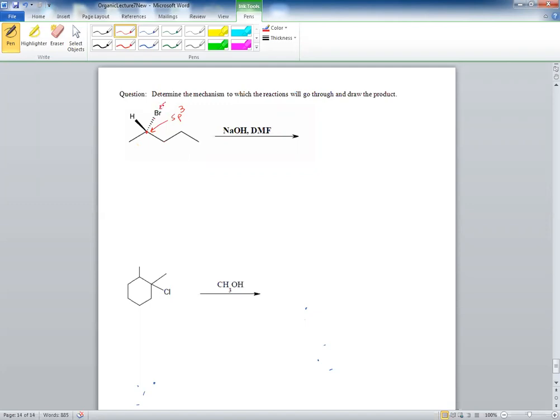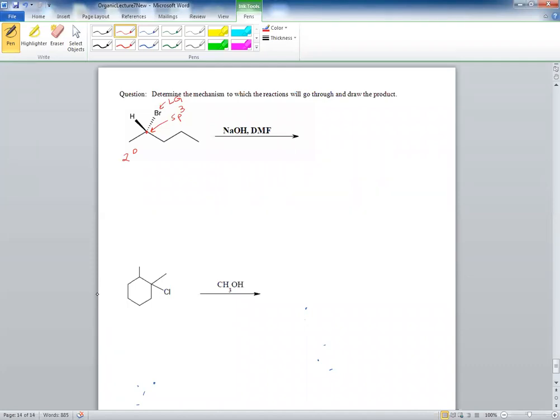That's going to be your leaving group, your X. And then you need to identify what kind of an alkyl halide it is. It's a secondary alkyl halide. So secondary, the more substituted, tends to go more toward SN1.